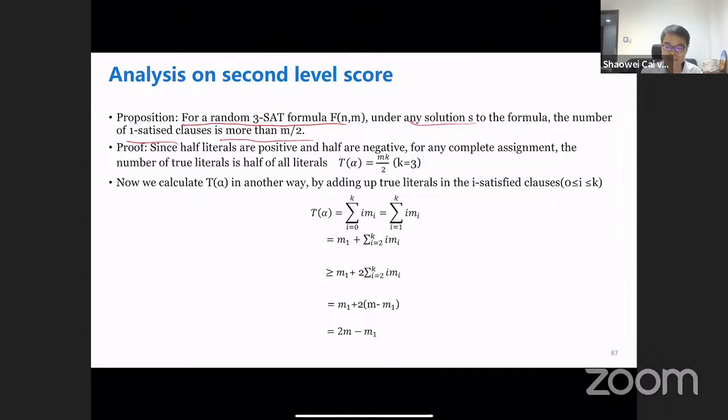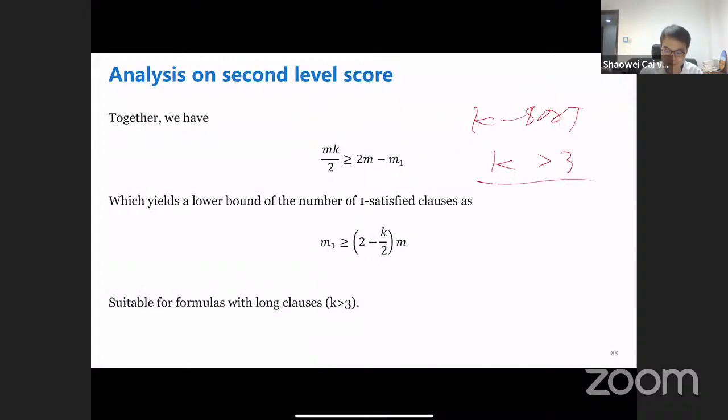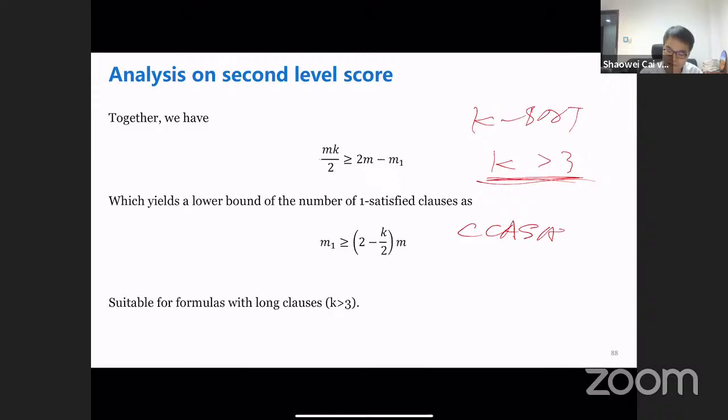So we do not have any reason to encourage a critical clause to become safe. But for k greater than 3, this makes a breakthrough in local search for solving such formulas. And it was first used in the CCAnr SAT solver, which was the winner in the 2012 competition in random track.